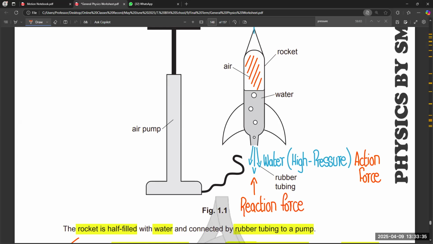Since the reaction force is in the upward direction, that's why the rocket starts to accelerate in the upward direction, right? So we have to write this whole concept in this answer.